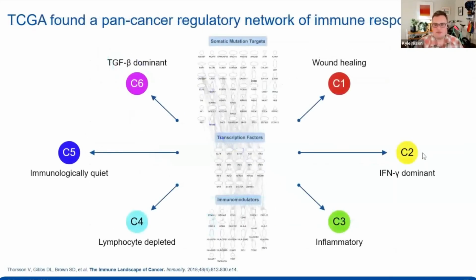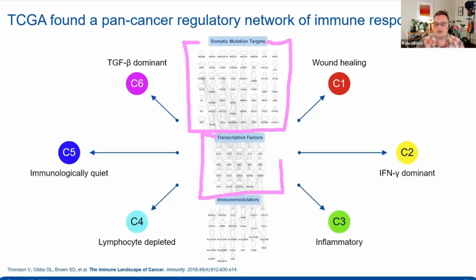The final piece of the puzzle is the list of genes and proteins that TCGA found to form a pan-cancer regulatory network to influence this host immune response. In particular, the authors grouped these genes as somatic mutation targets, transcription factors, and immunomodulators.